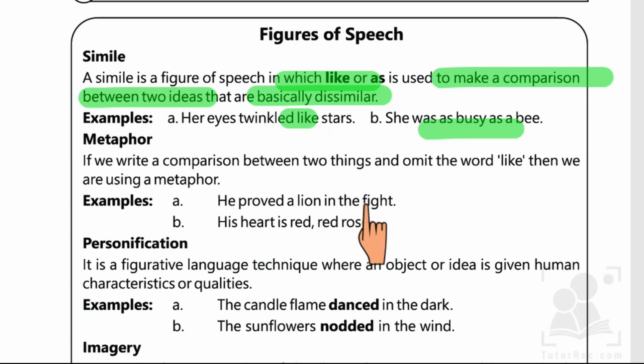Here we are not using any like or as. His heart is a red rose. No as or like, but it is a comparison between two dissimilar things. That's why it is a metaphor.